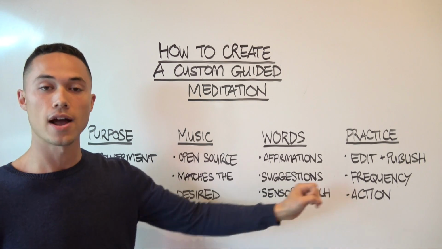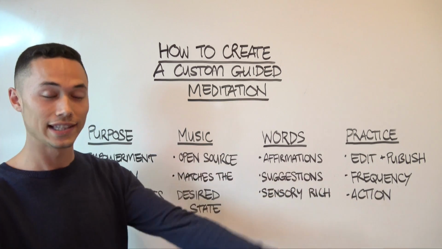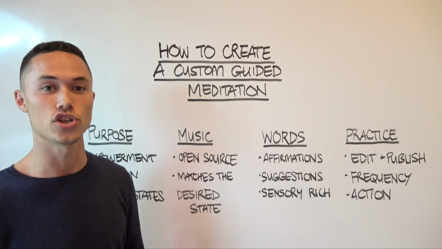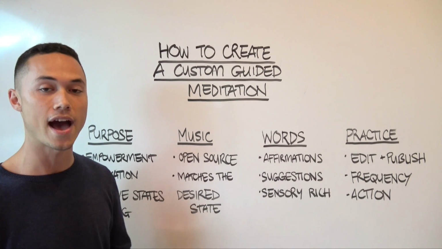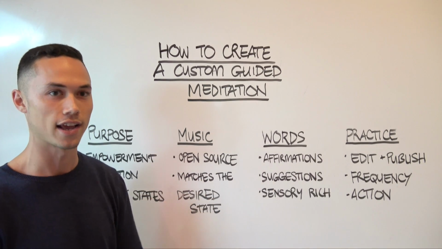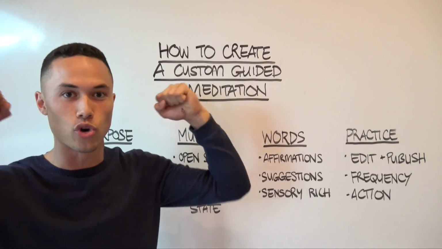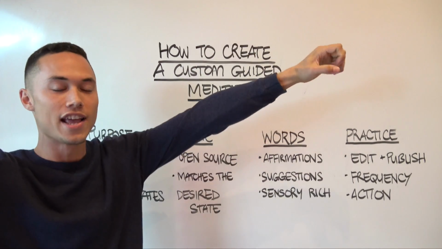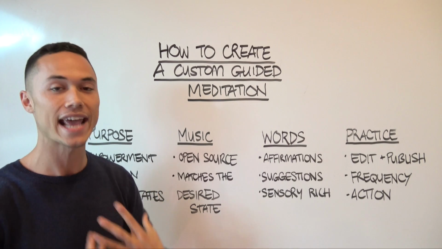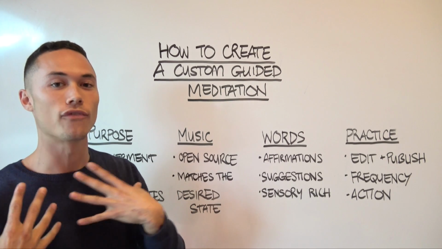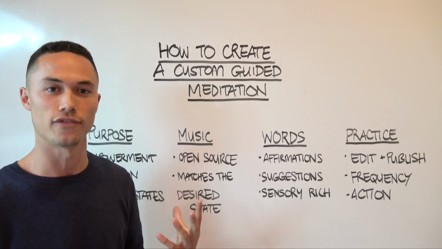Then action might be doing some push-ups, literally, while you're doing your meditation, or getting up and jumping up and down, doing some squats. When you're doing these power words, when you're declaring these things like, I am an overcomer, I am triumphant, I am successful, as you move your body, it becomes more real for you. It's like it anchors the feeling into your physical body. It becomes very visceral and very real.